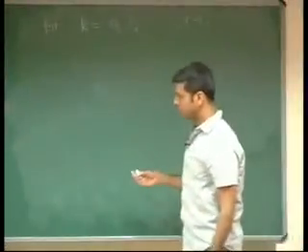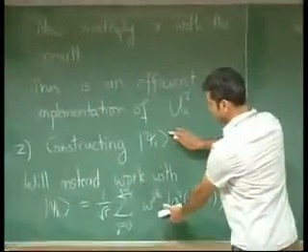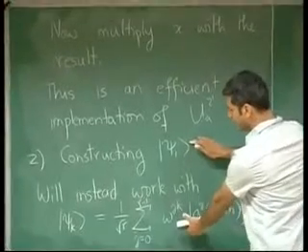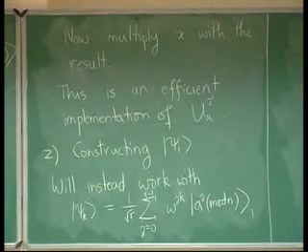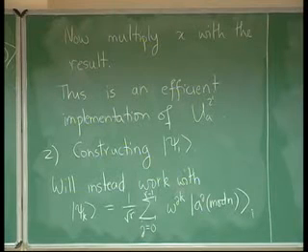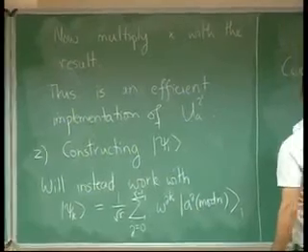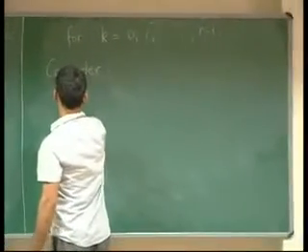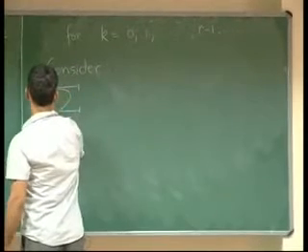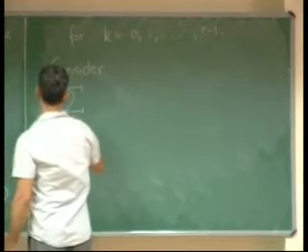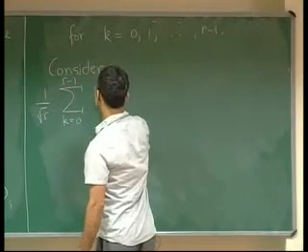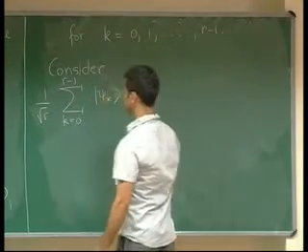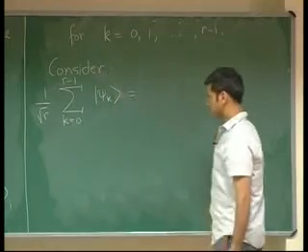Turns out that if you take a uniform combination of all these states, the resulting state is simple to construct. So you consider instead this uniform superposition over all the C sub k's, k going from 0 to r minus 1. Let's look at what this is.